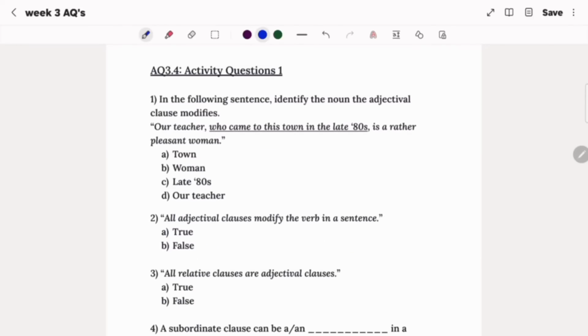in the following sentence, identify the noun the adjectival clause modifies. They are asking what is the noun which the underlined adjectival clause is modifying. Our teacher who came to this town in the late 80s is a rather pleasant woman. This is clearly modifying the noun "our teacher".